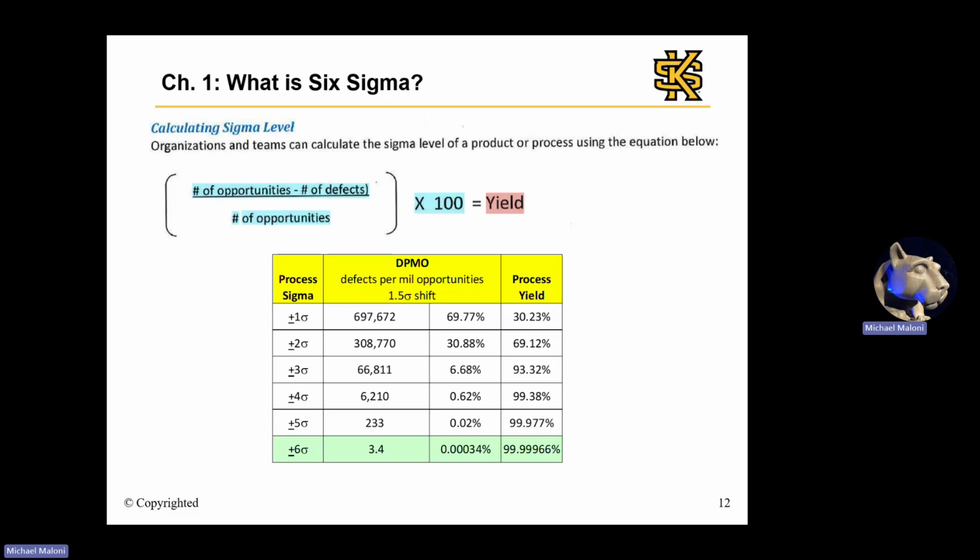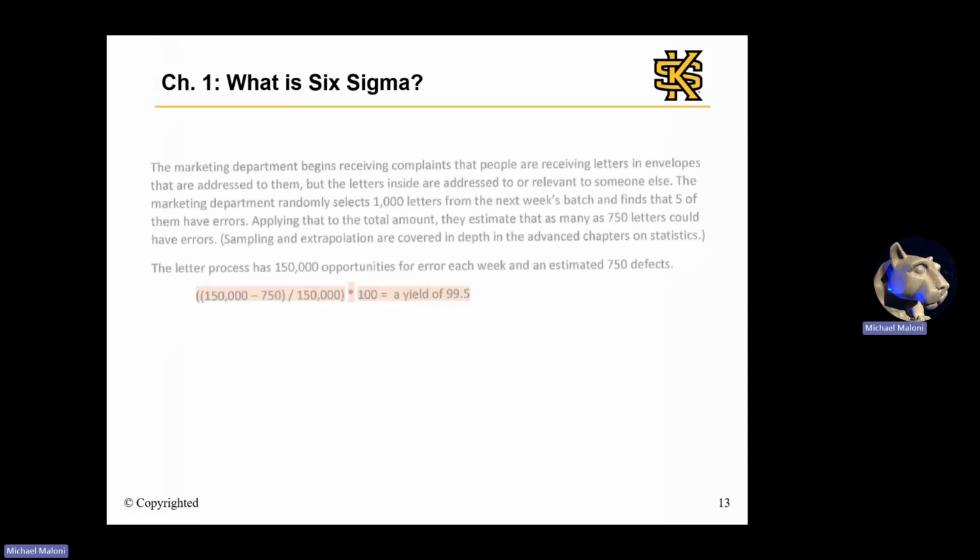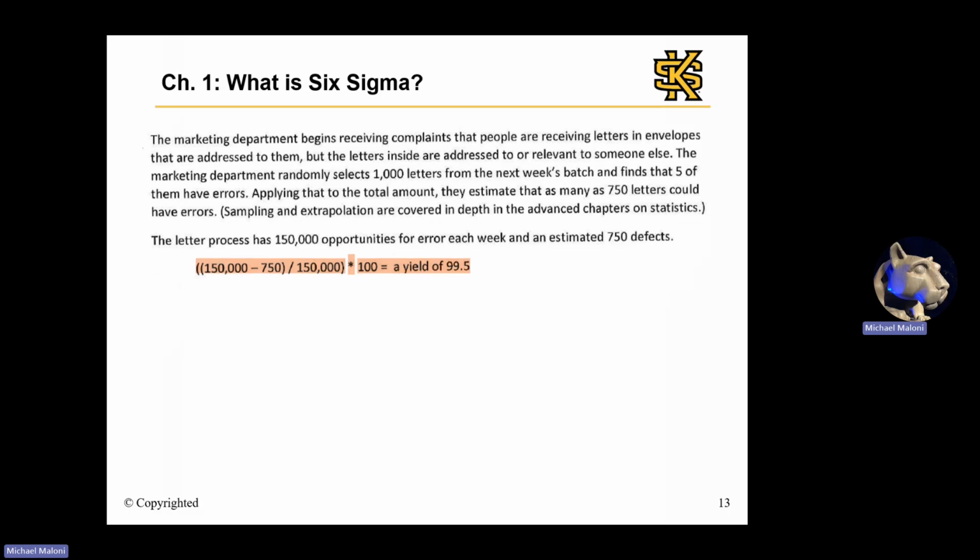For perspective, the sigma represents the variability in a process that we'd like to minimize or at least reduce. And a higher process sigma means fewer defects, a lower DPMO, and higher process yield. Let's try an example with a printing process that has 150,000 opportunities each week, meaning that it prints 150,000 items every week.